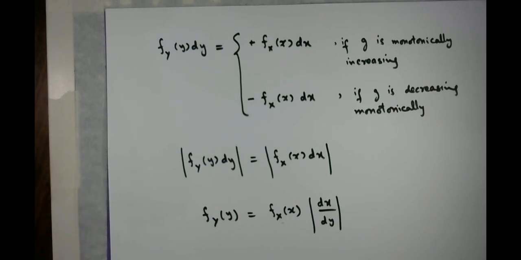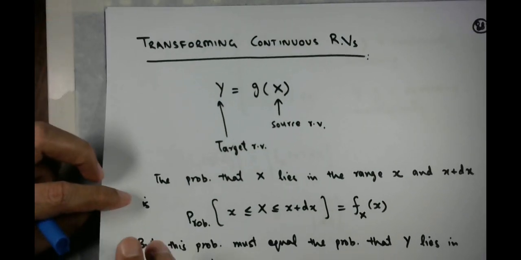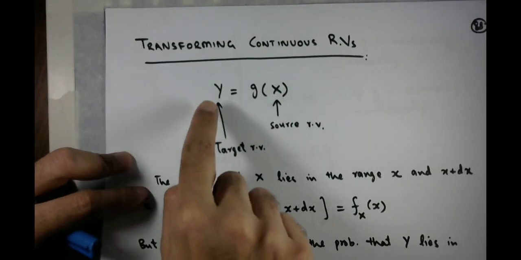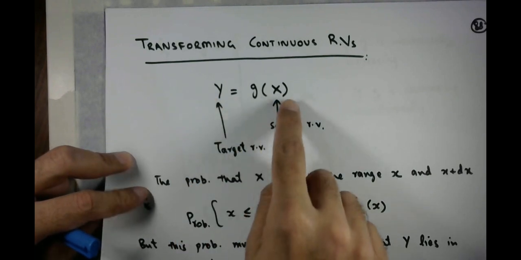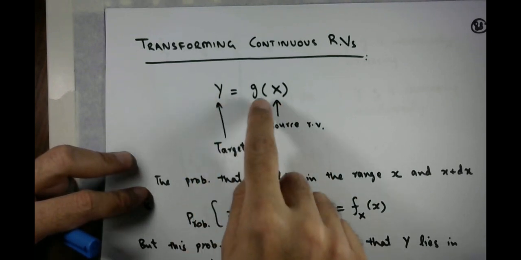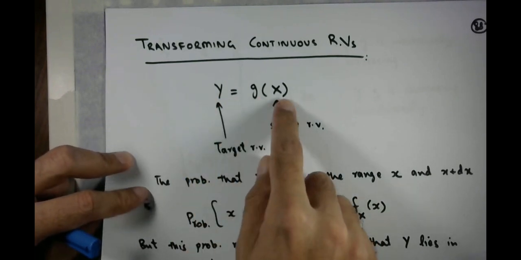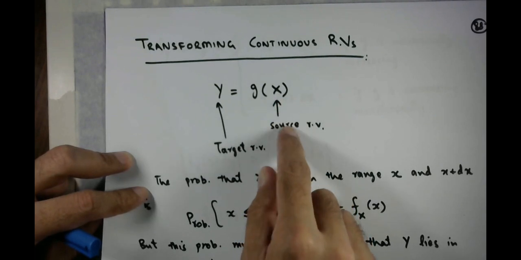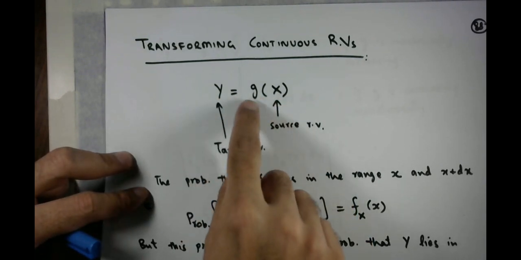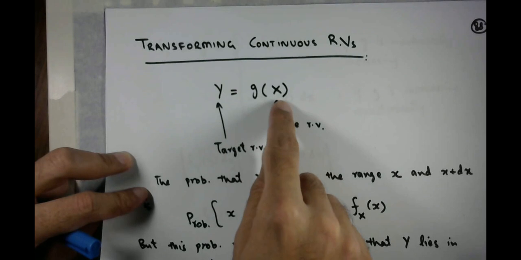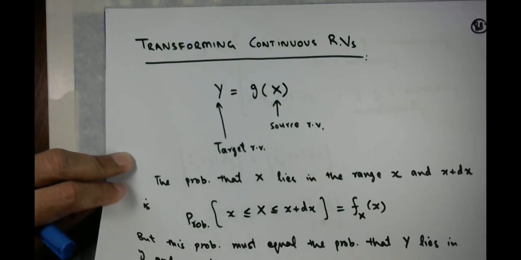So we have now been able to write the relation between the PDF of y, which is the target random variable, and the PDF of x, which is the source random variable, if we know the functional relation applied on x through which we obtain y.